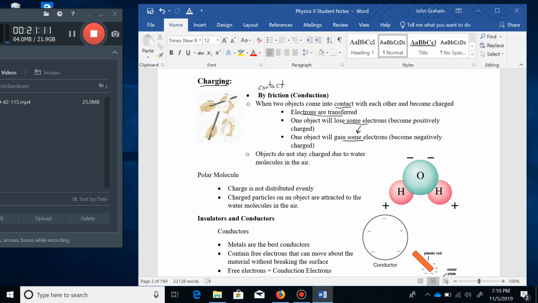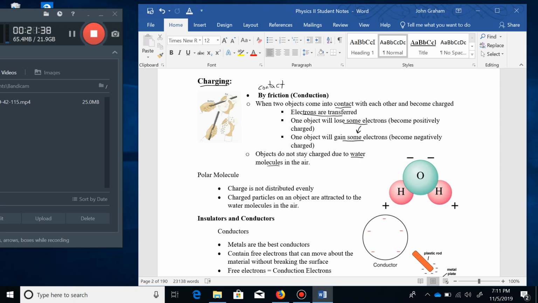Now objects do not stay charged for long, and this is due to water molecules in the air. Think of the fact that even though we can't see it, molecules in the air are other objects that can come in contact with an object and cause objects to transfer electrons.